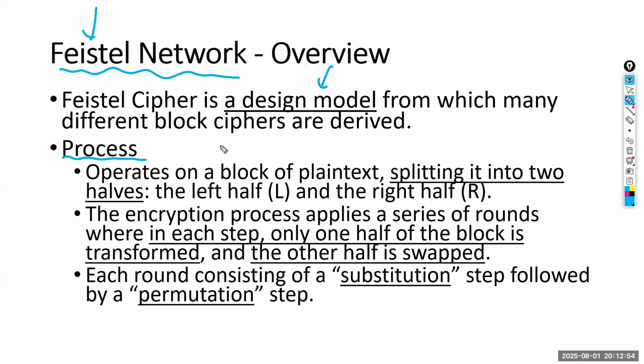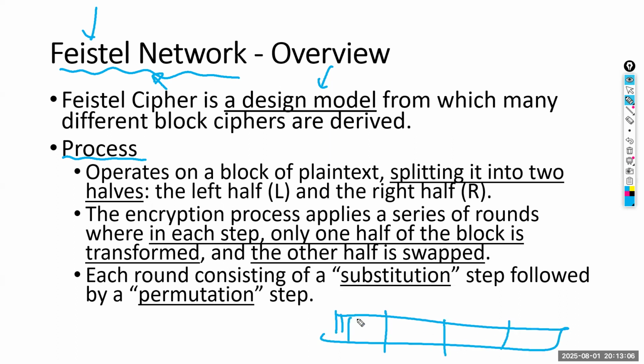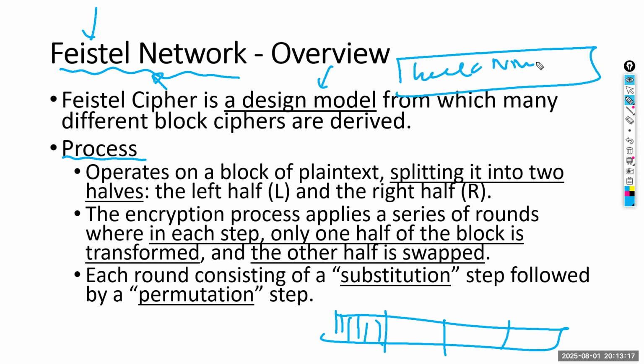Okay. So this is the process. If a particular block cipher uses the Feistel network as the design concept, remember block cipher means you process the plain text as blocks, not as characters. Characters means stream ciphers. Say you have some text, hello Nimal.